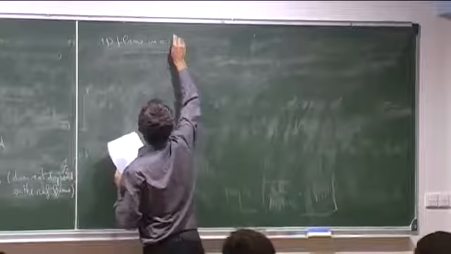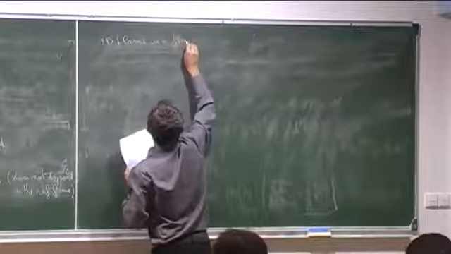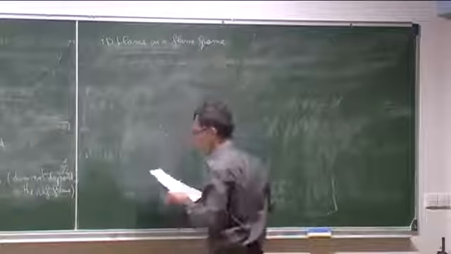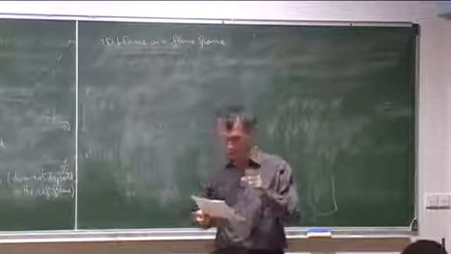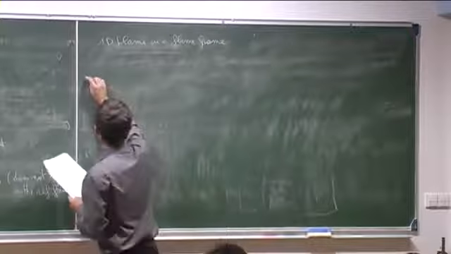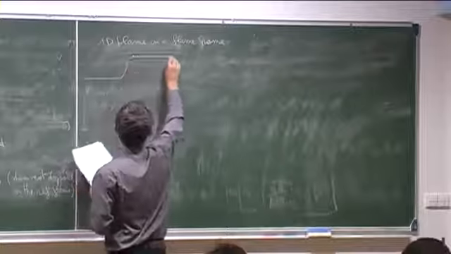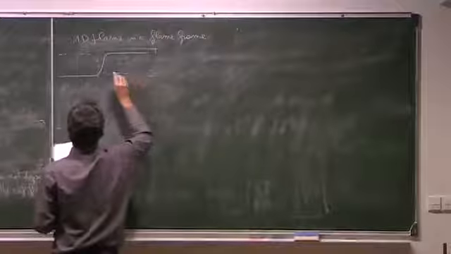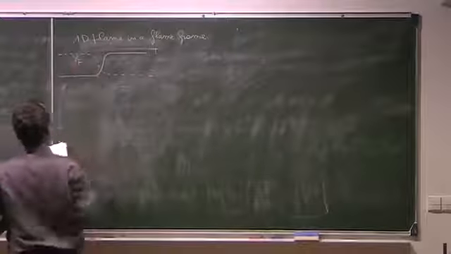In the flame framework. In the flame frame. So that means a reference where the flame is not moving. So remember, the flame looks like this one. This is temperature. And this is the fuel mass fraction.